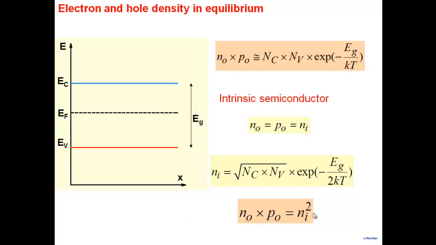Again, I'm reminding you, this is at equilibrium. If I shine light on a semiconductor, light will also generate electron and hole pairs, and N0 P0 is not equal to Ni square. My semiconductor is no longer in equilibrium, and this relationship will not be valid. It only holds at equilibrium, when there's no other external disturbance on my semiconductor.